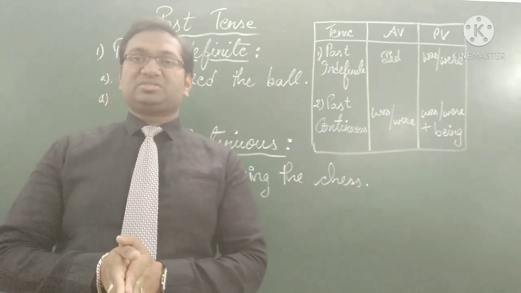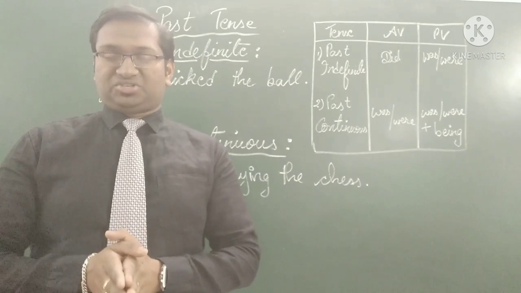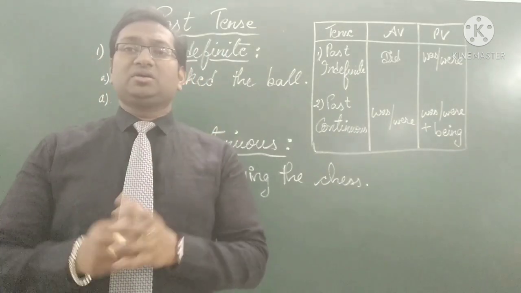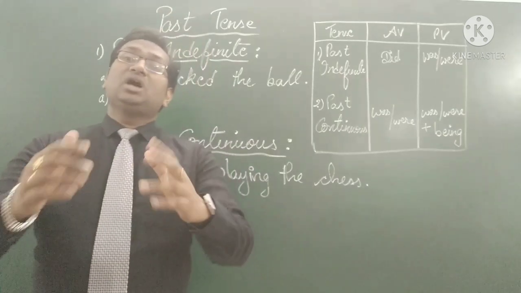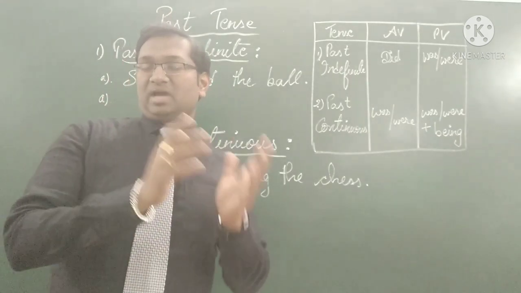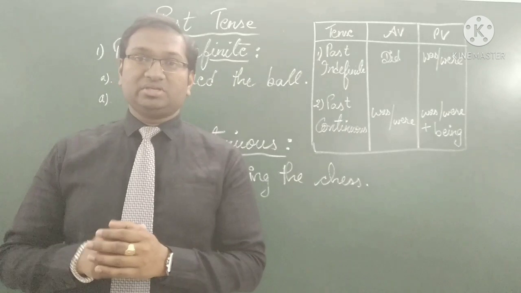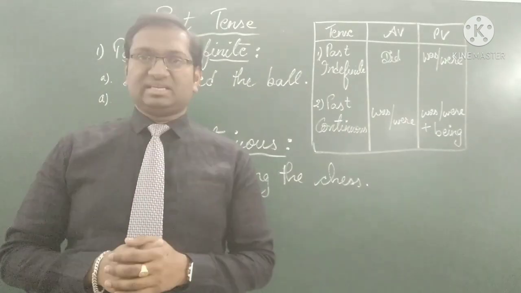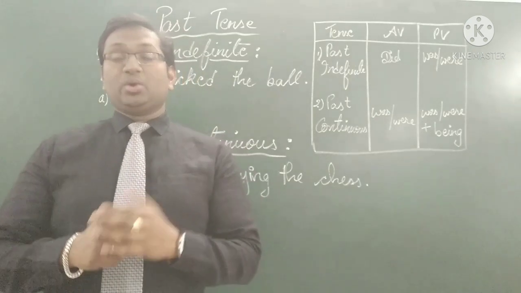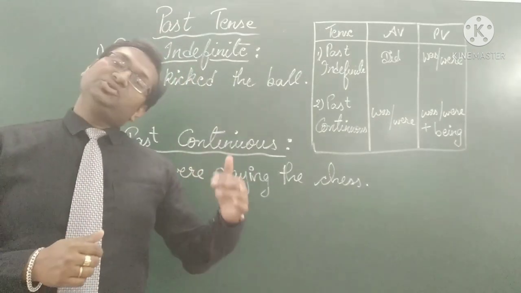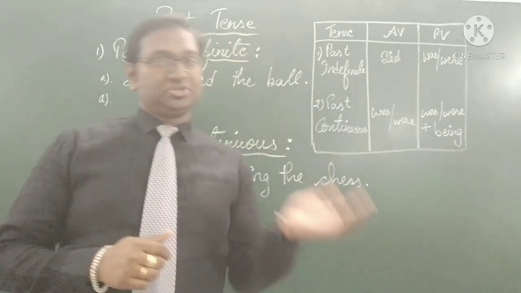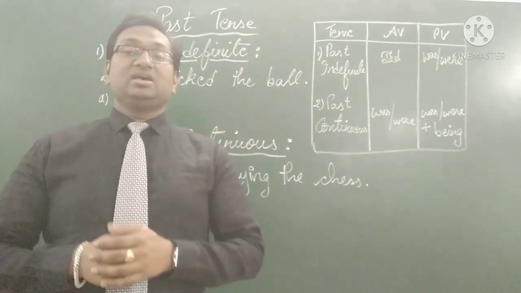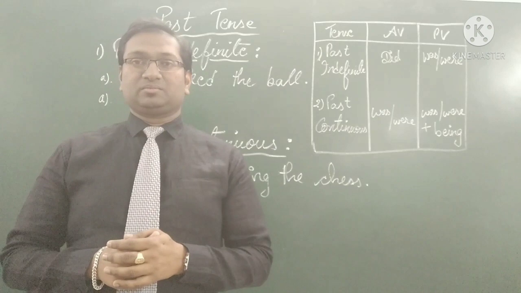Now today we are going to start the second part of our chapter, active and passive voice. In the first part we discussed how to convert from active voice to passive voice in the present tense. Today we are going to learn how to convert active to passive in the past tense as well as in the future tense.